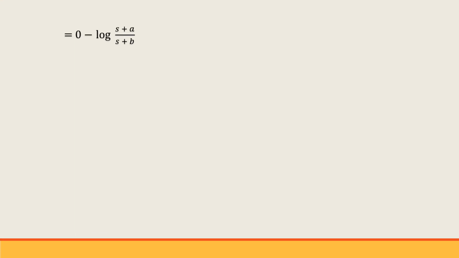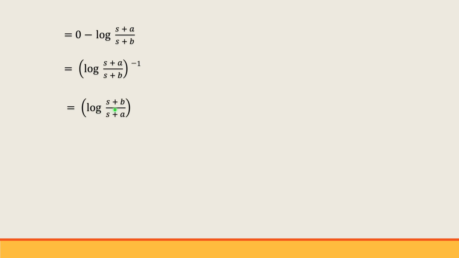On putting infinity, log of (s plus a) by (s plus b) becomes log 1, which is 0, and for the lower limit s, a minus sign will come. So we get minus log of (s plus a) by (s plus b), which we can also write as log of (s plus b) by (s plus a).